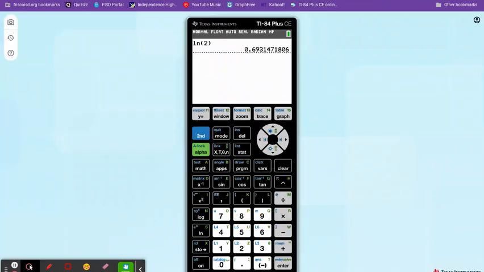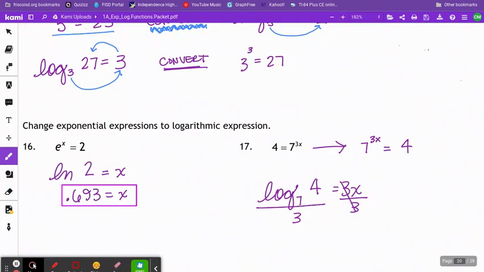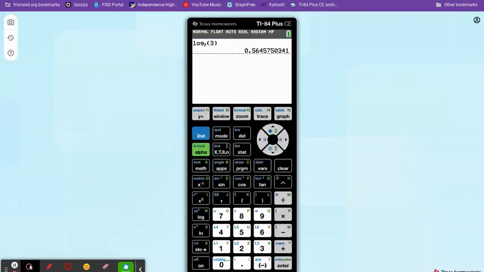I'm going to type in log base 7 of 3. I'm going to hit enter. And then I'm going to, oh, I did it wrong. It's log base 7 of 4 divided by 3. All right, clear that out.